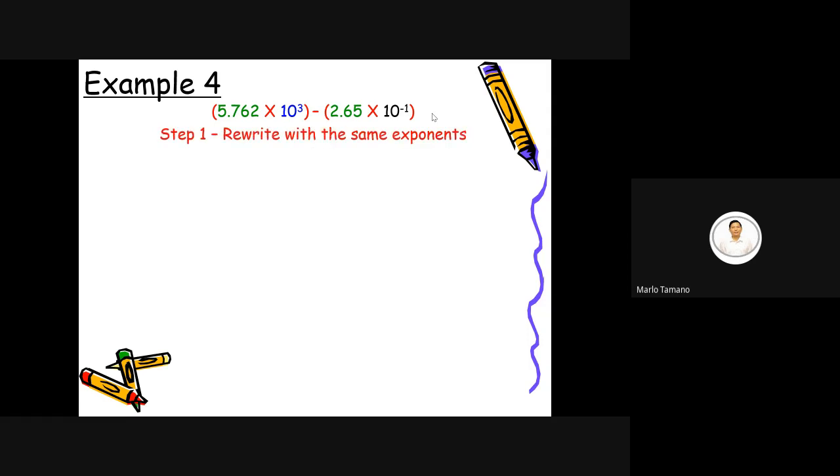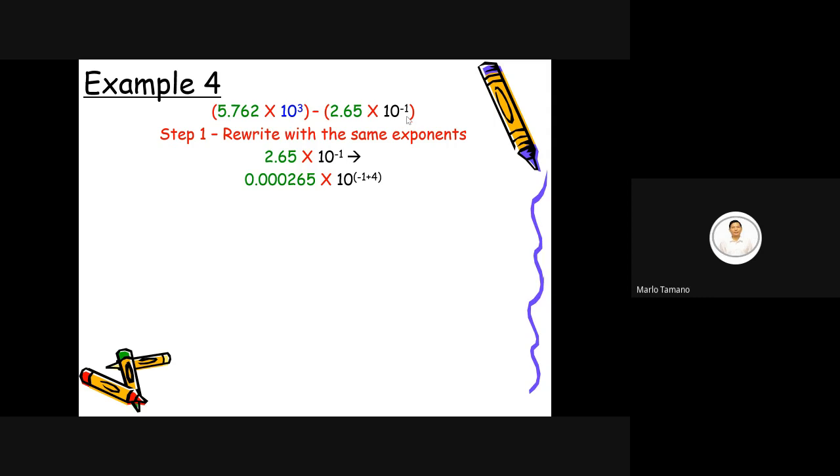So let's see now. Step number 1, rewrite with the same exponent: 0.000265 times 10 to the negative 1 plus 4.